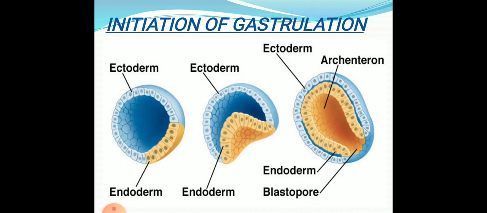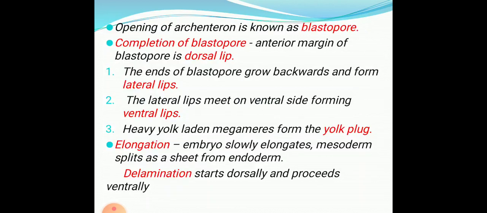In the diagram you are seeing the ectoderm, endoderm, and archenteron: where the endoderm is situated, where the ectoderm is situated, where the cavity, that is gastrocele or archenteron, is situated, and where the blastopore is situated.